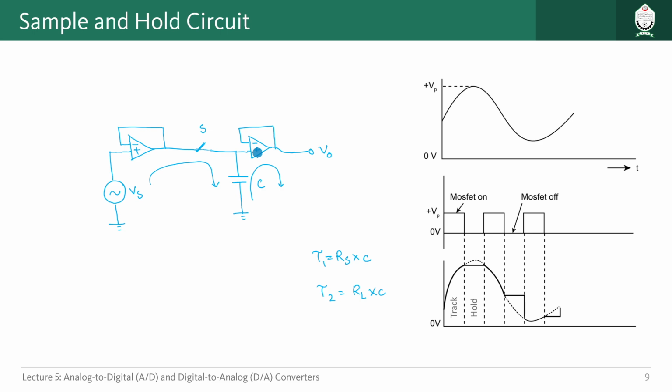Now, because the input pins of this buffer are connected with the capacitor, what will happen in the discharging or holding situation? The capacitor sees the output as the op-amp input, which has a very high input impedance, right? So for this path, the effective resistance or impedance multiplied with this capacitance should have a very high value.